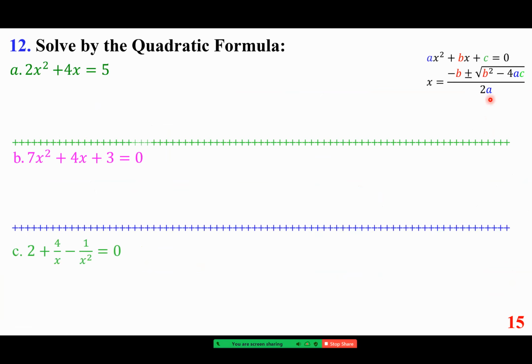We have the formula for you here. And to use that, we have to put it in standard form, meaning we're going to move the 5. In which case, A is 2, B is 4, C is negative 5. We are going to plug in everything into the quadratic formula.